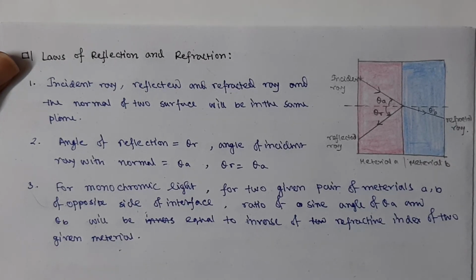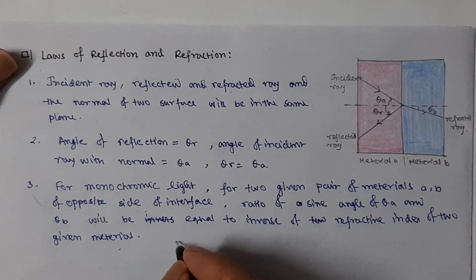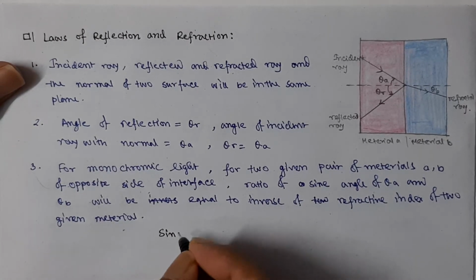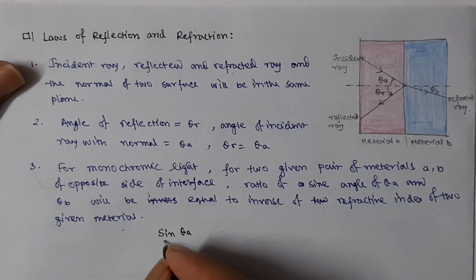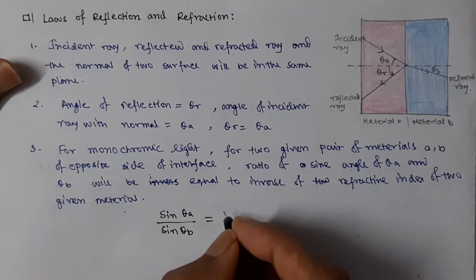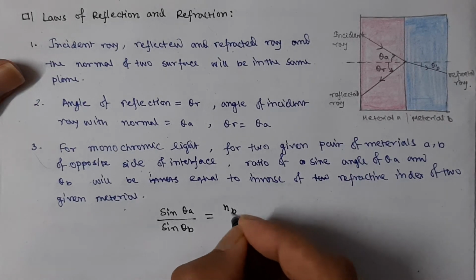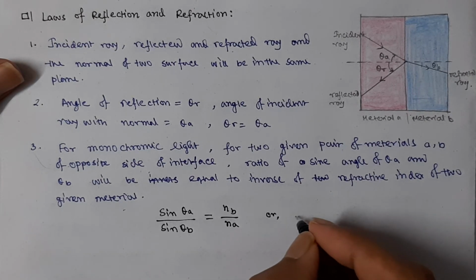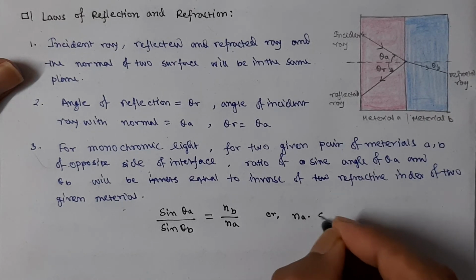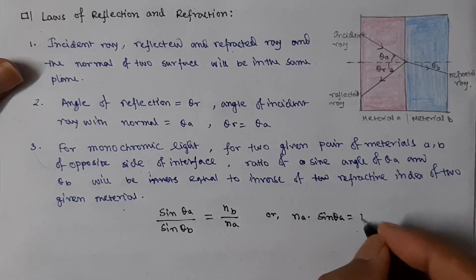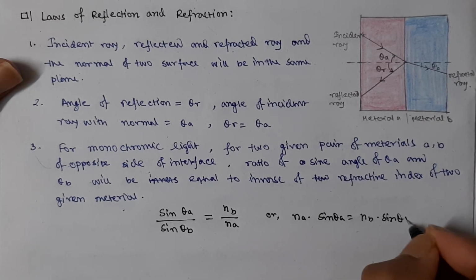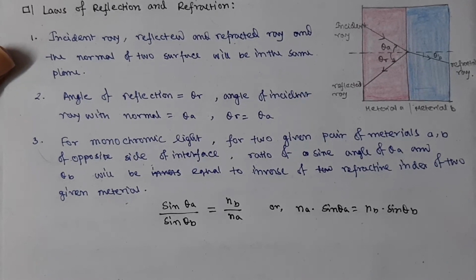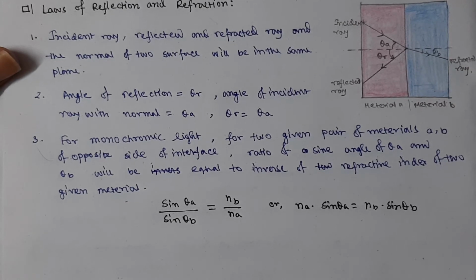Mathematically, sine theta a by sine theta b is equal to nb by na, or simply we can write na sine theta a equals nb sine theta b. This is also called Snell's law, the law of refraction.